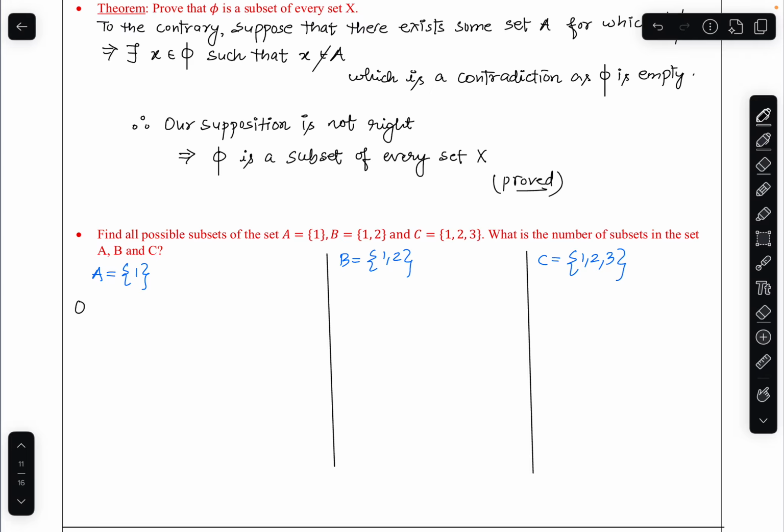So let me do it like this. I'll first write all those subsets which have no element in them, zero element subsets. That's one here, and here also we will have phi, and the phi here also.